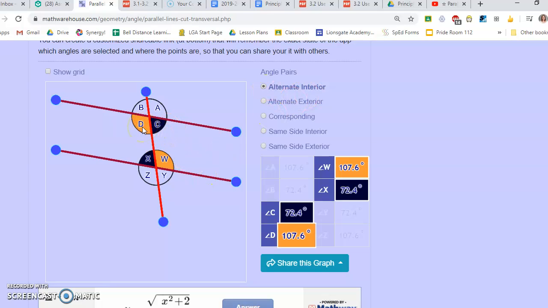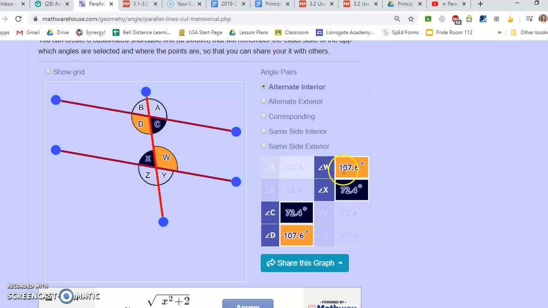So I'm specifically looking at the two sets here, the yellowy orange color and this bluish black color. Each color here represents a pair of alternate interior angles. So these two orangish colored angles are alternate interior angles. Now, this program also has the angle measures, and notice that they are both 107.6 degrees.